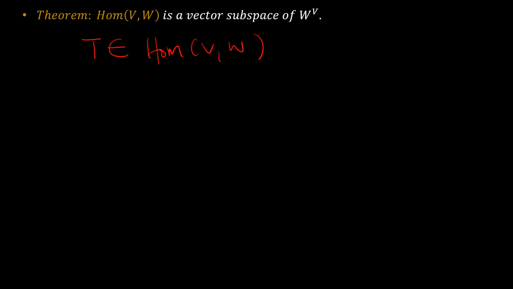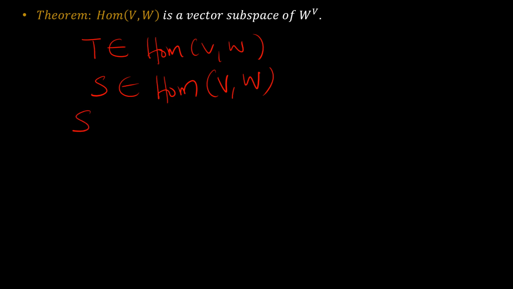And on top of that, let's say we also have S, which is also an element of the homomorphism VW. Because any transformation that's a homomorphism of VW is going to be linear.